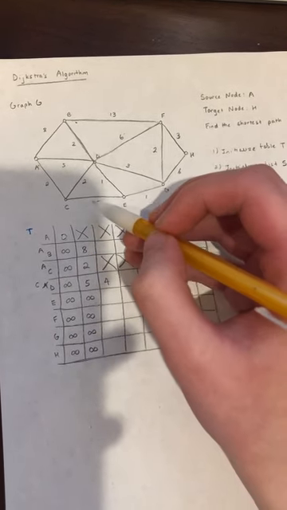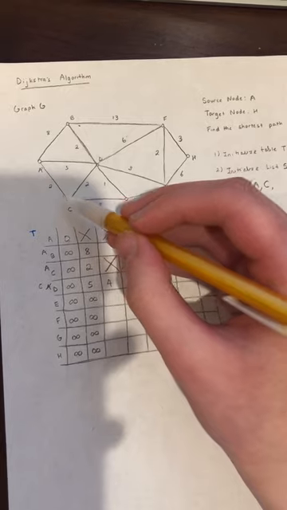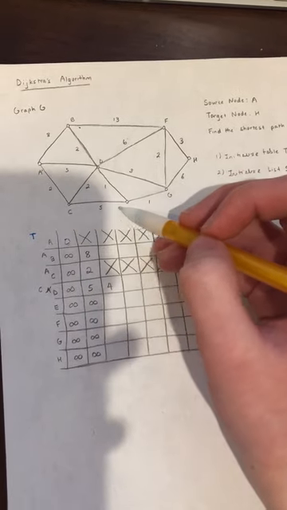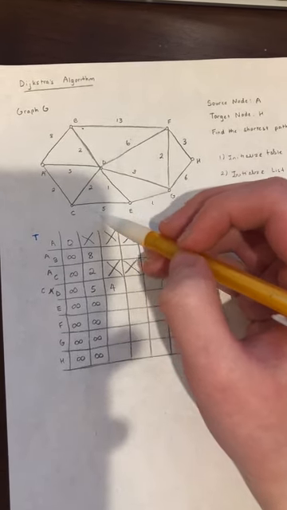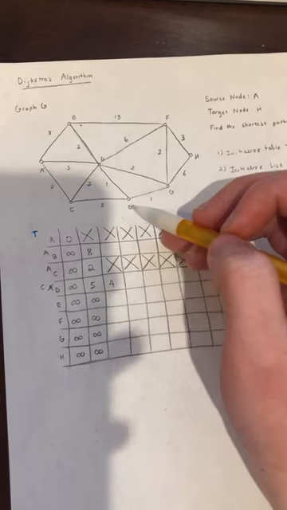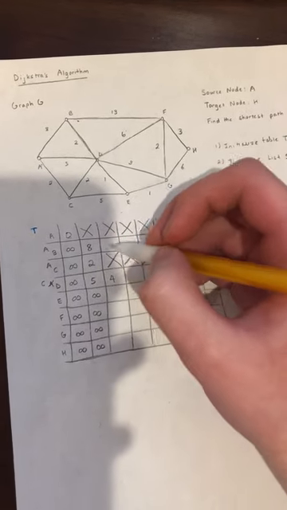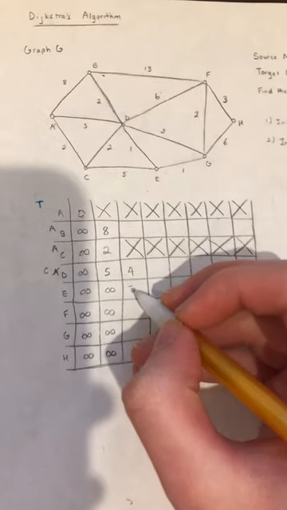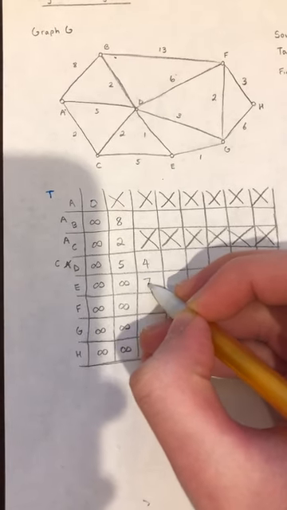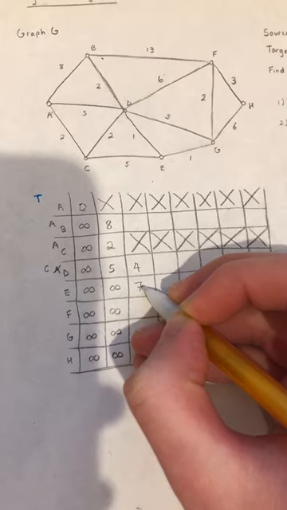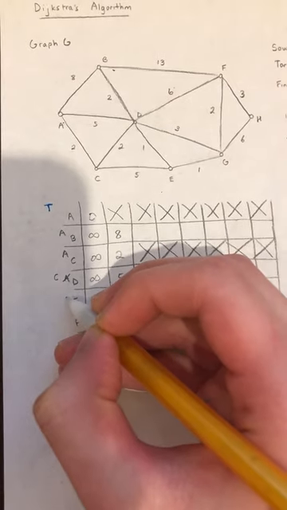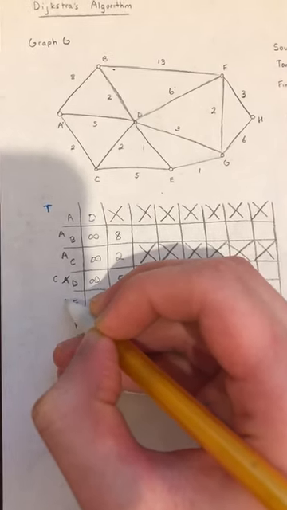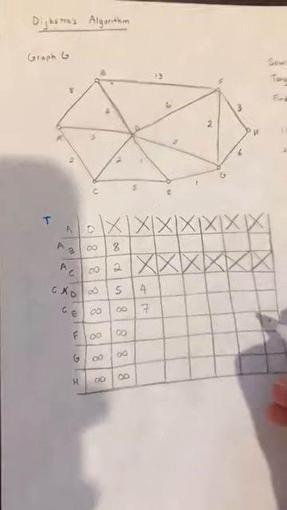So we need to add 5 to 2 because that's going to be the shortest distance from A to E, which is 7. Is 7 better than infinity? Indeed it is. So we're going to update E's distance from the source node to 7, and we're also going to use a superscript to denote that it was updated by node C.